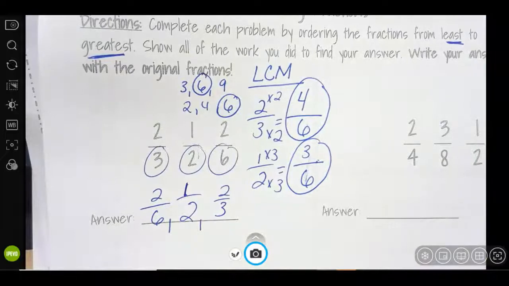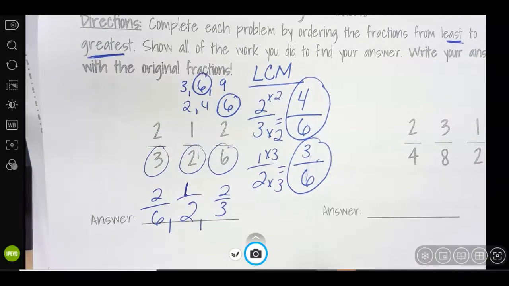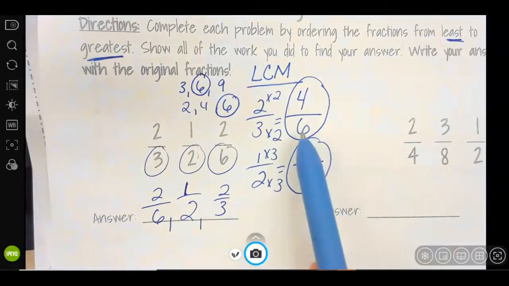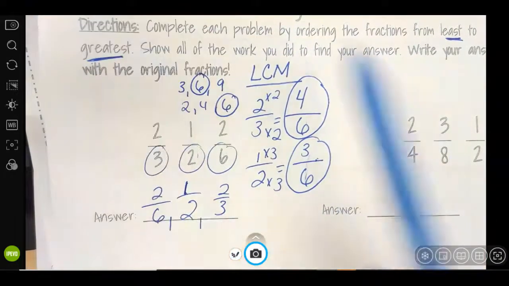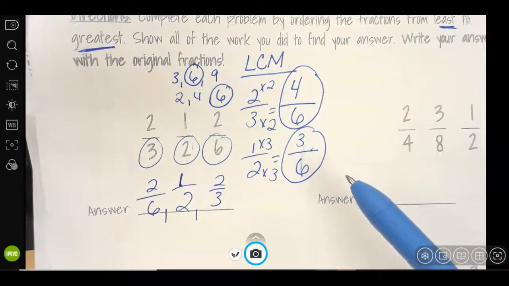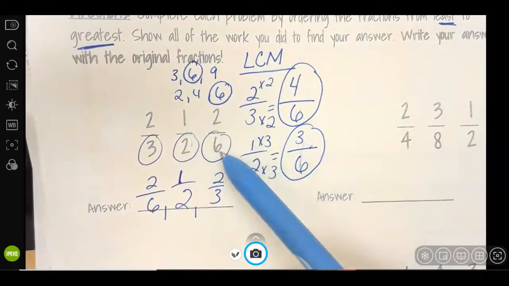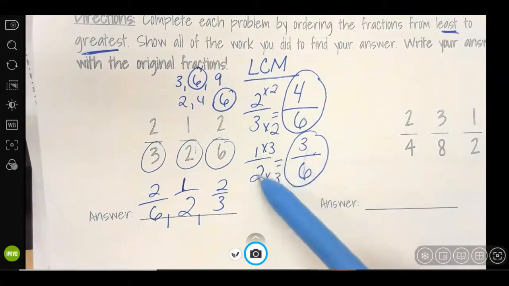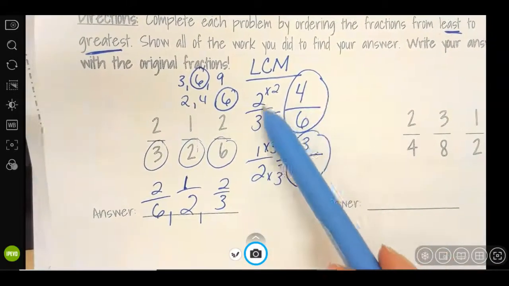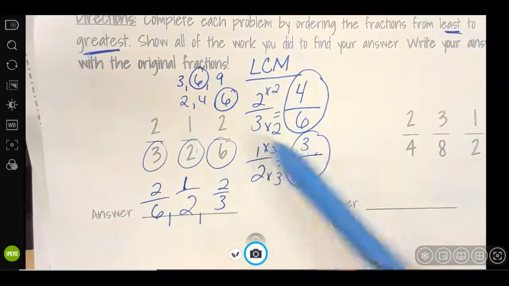Wait, wouldn't the first one be 2/3, not 2/6? Oh, greatest to least. Yeah, least to greatest. So the smallest number, 2/6, is the smallest. Then 3/6, which is actually 1/2. And then 4/6, which is actually 2/3.